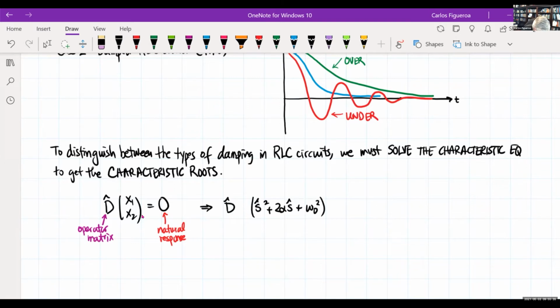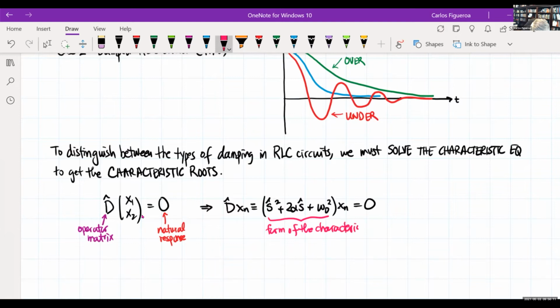I'm going to write this a little bit differently just to keep it cleaner. If I want the natural response, then we're going to define this like this. So it's going to be operating on the natural response, and this is going to be equal to 0. And this is the form of the characteristic equation.